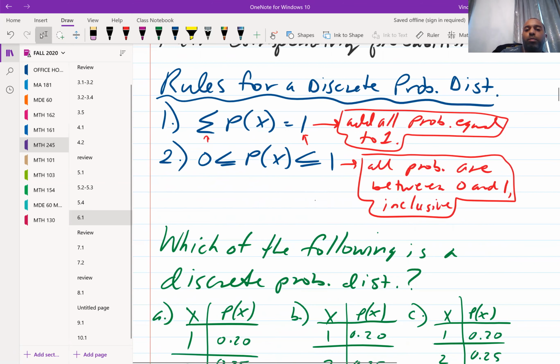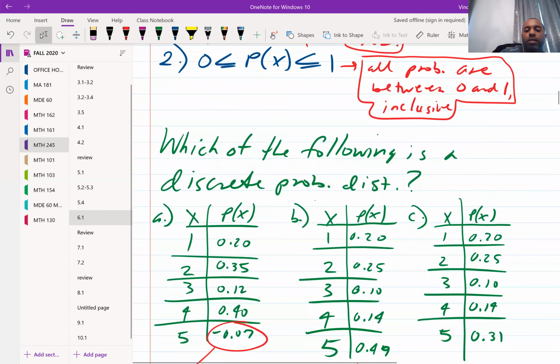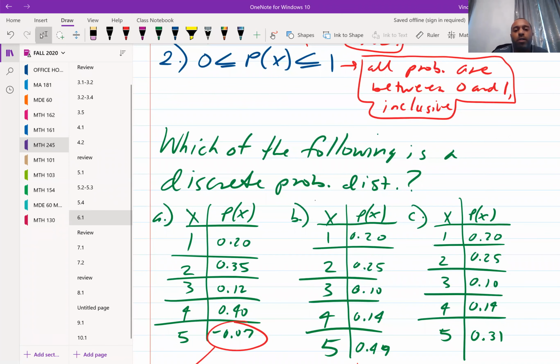All right, we're done with the blue. All right, so they give us these three charts and ask us which of the following is a discrete probability distribution. So I'll give you a chance to write those down.